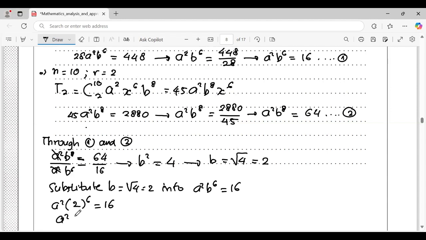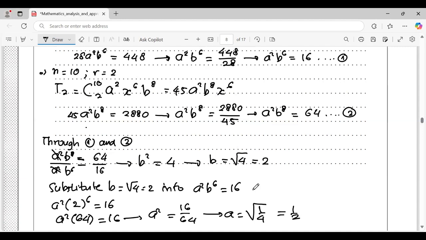So a squared times 64 equals 16. A squared equals 16 over 64. A equals square root of 1/4, so it is 1/2. Okay, so a equals 1/2 and b equals 2.